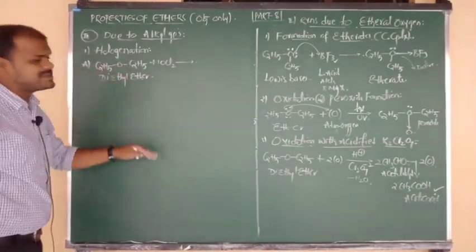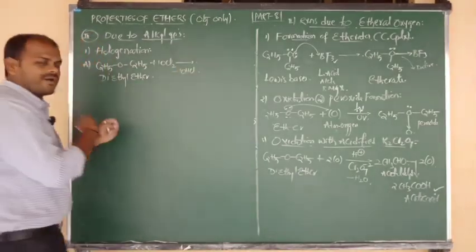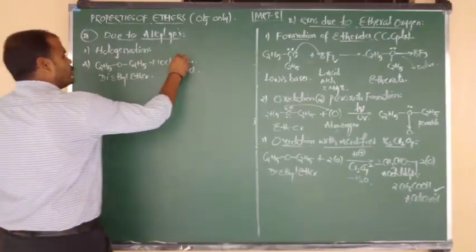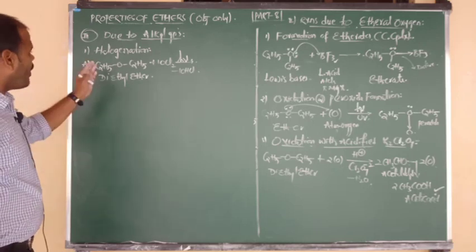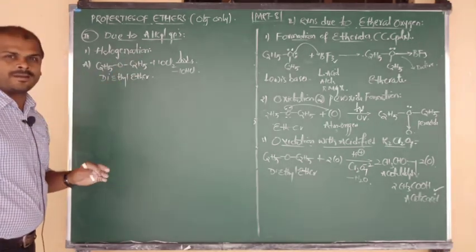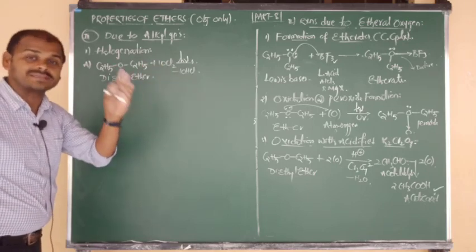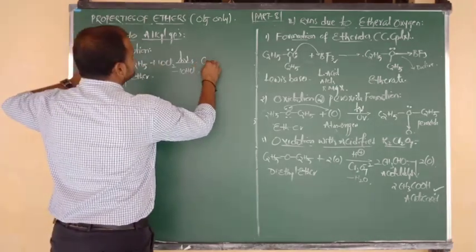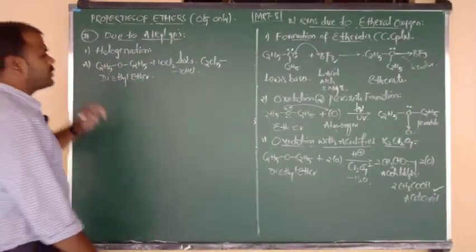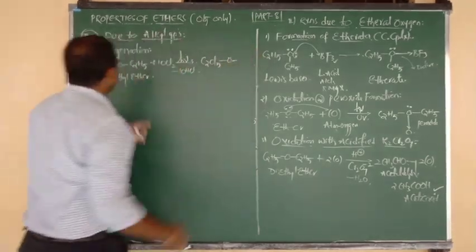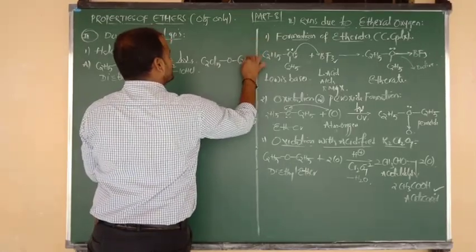Such 10 H atoms combine with Cl minus and are eliminated in the form of 10 moles of HCl. This reaction takes place in presence of sunlight. That means all the hydrogens of the ether are replaced by Cl. Those reactions are possible only in case of sunlight. So C2H5 becomes C2Cl5, connected to the oxygen atom, and again connected to C2Cl5, where all 5 hydrogens are also replaced by chlorine.